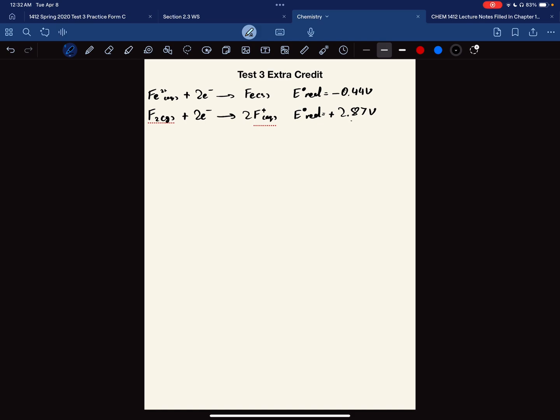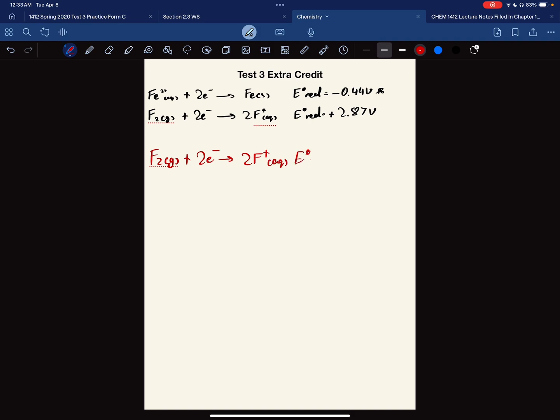Now we have to convert one of them to oxidation, and in this case, it's going to be iron. So when we flip the equation, we got first of all F2 fluorine gas plus 2e- gives us 2F- aqueous.